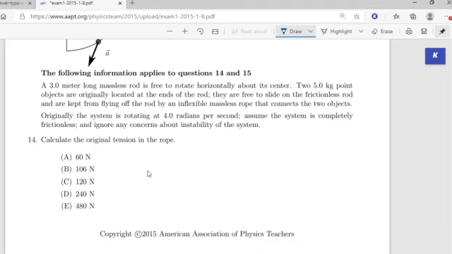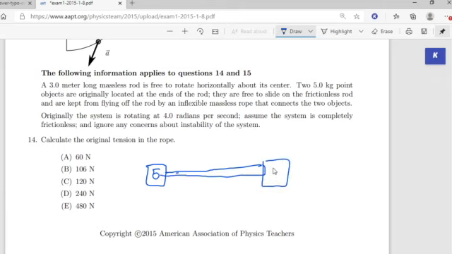Okay, so we have two, and they're point objects, so I'm just going to draw it like this just so they're easy to visualize. And we have another one here. Okay, and then there's a rope that connects them. And the system's rotating at 4 radians per second.